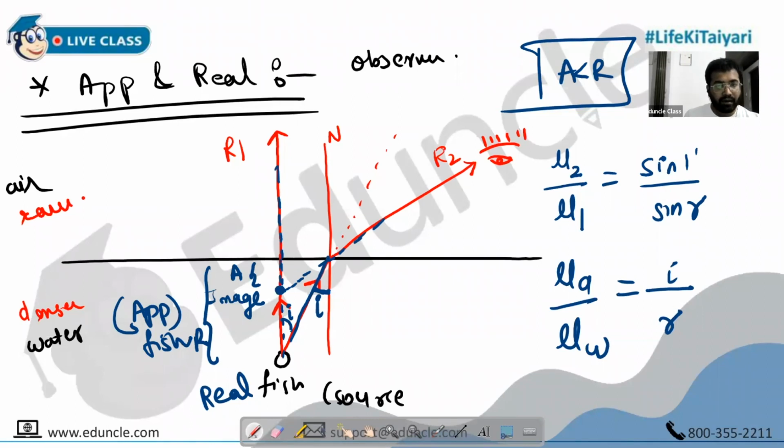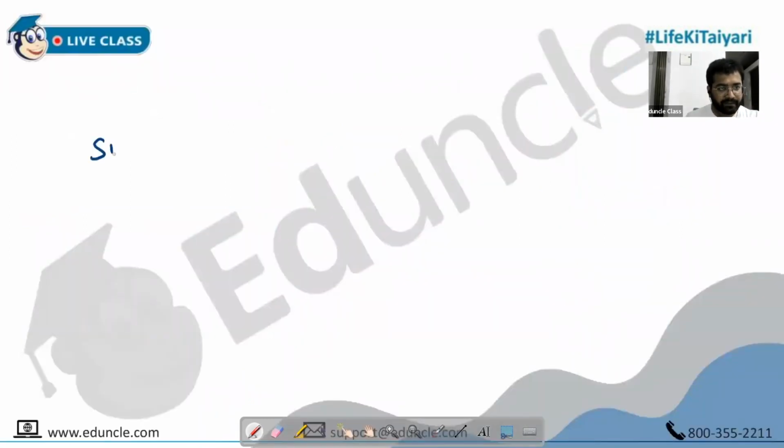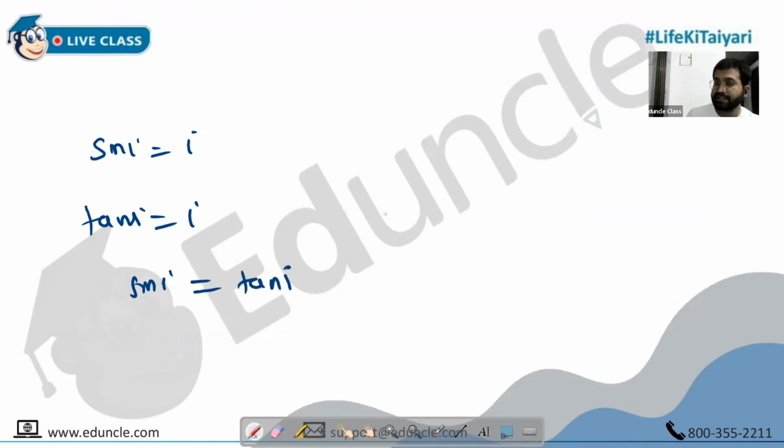Also, tan I becomes I, and tan R also becomes R. So can I say sin I and tan I will be approximately equal if the angle of incidence is small? Similarly, I hope you remember cos I would actually be 1.